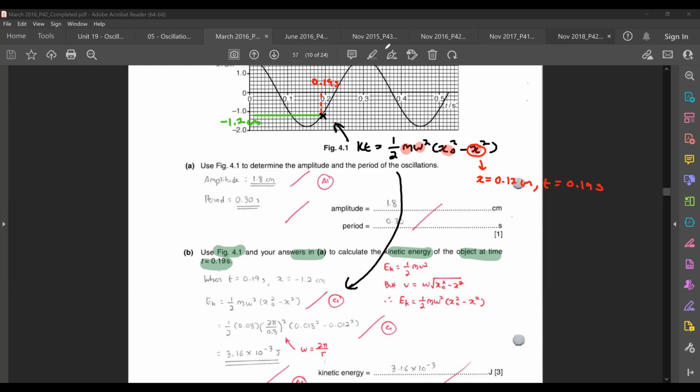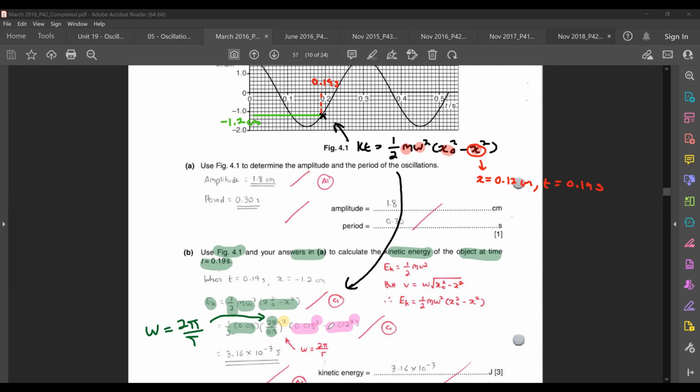Okay, so this is your working. Your angular frequency wasn't exactly given, but you can find it from your period because omega is 2 pi over T. That's what you're doing here. Then you're finding out the omega. After that, you square your omega, put in the value of your amplitude, square it, put in the value of your displacement at 0.19 seconds, and also square it.